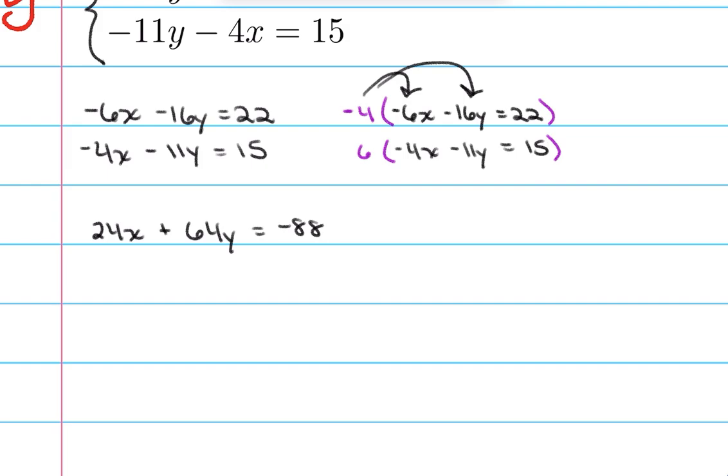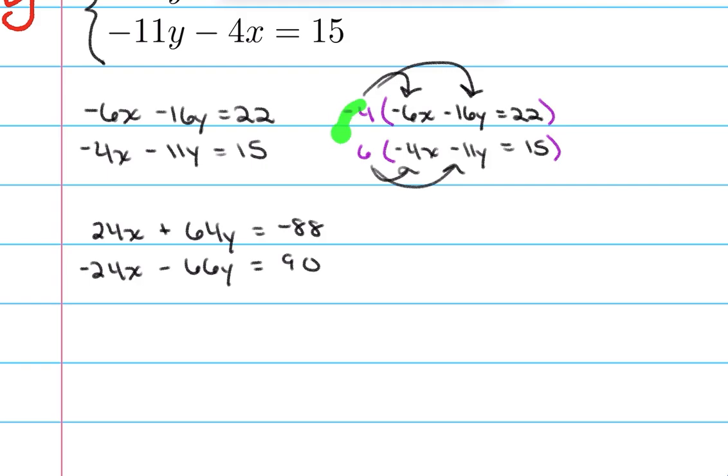And then I'm going to multiply the bottom one. That's going to give me negative 24x minus 66y equals 90.